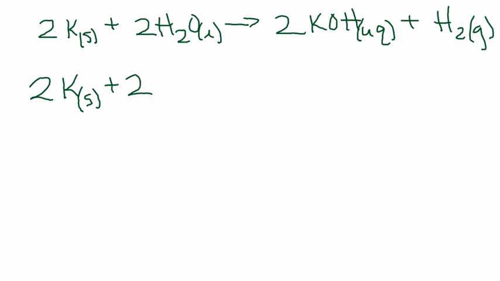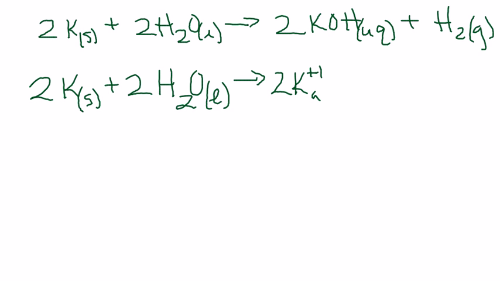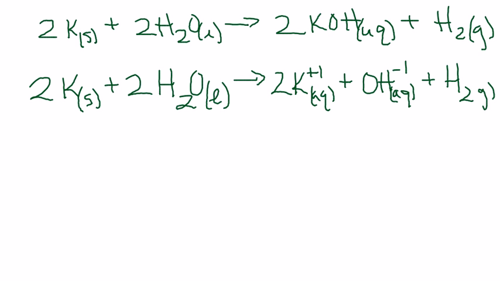The 2 KOH we can split up into ions, and we'll say there's 2 K+1, and those are both aqueous, and then 2 OH minuses, or -1, excuse me, and those are both aqueous. And then the H2 we're not going to split up either, so we're just going to have H2 gas. Now, there's nothing here that we can cancel out. There's no fat that we need to trim off, so we have our net ionic equation. That's it. So that's pretty sweet. That's a nice one there.